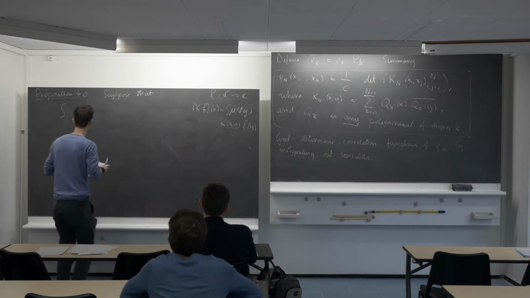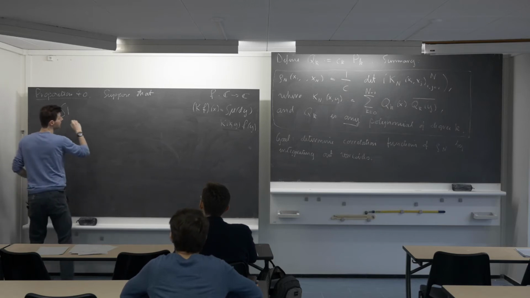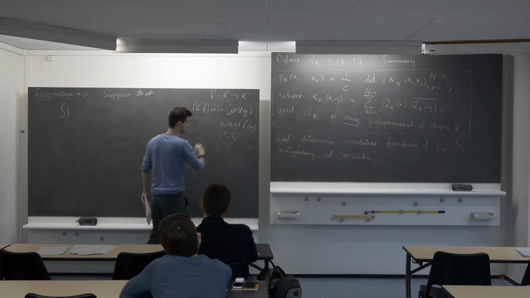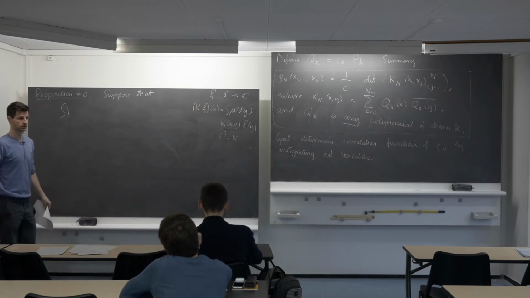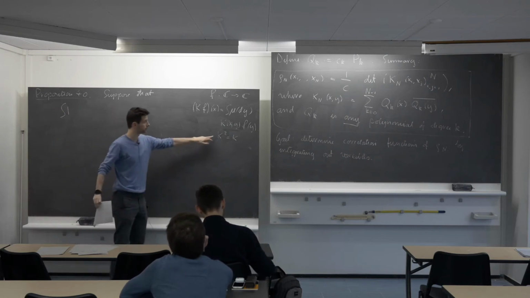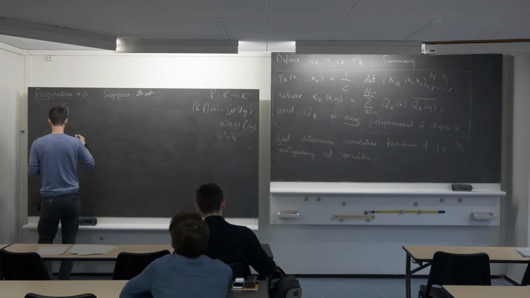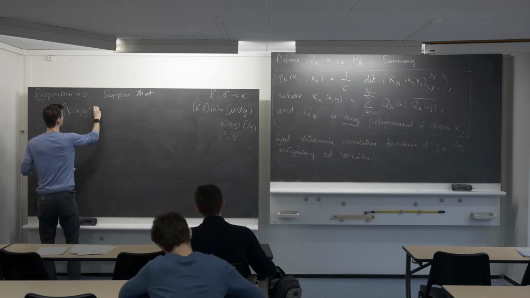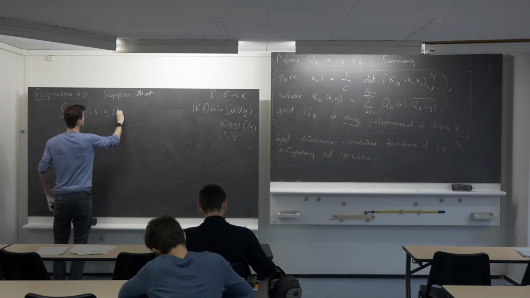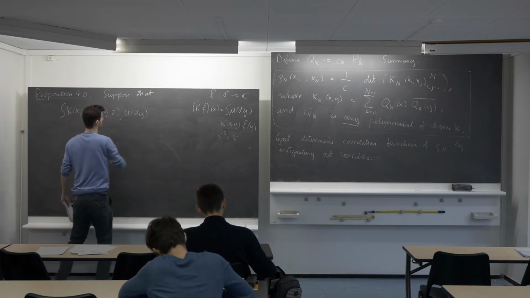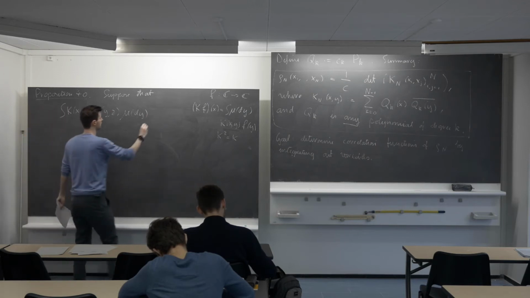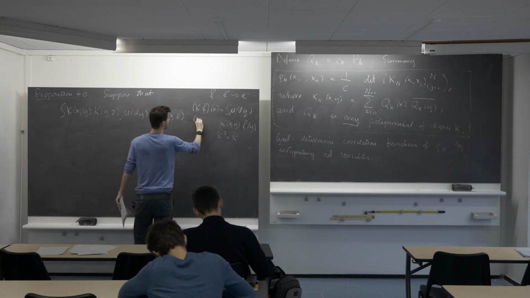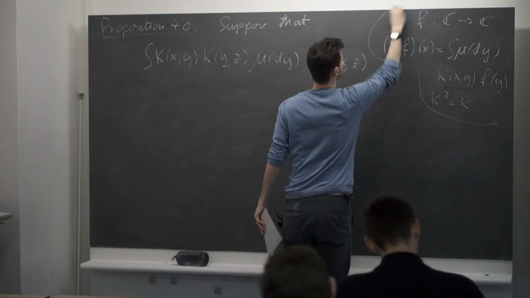So if k had the following condition, what I'm going to write is k squared is equal to k as an operator. So in other words, if k is a projection, this is by definition what it means for an operator to be a projection. So more explicitly, if the integral over y of k of x, y, k of y, z is equal to k of x, z, let me give this thing a name.